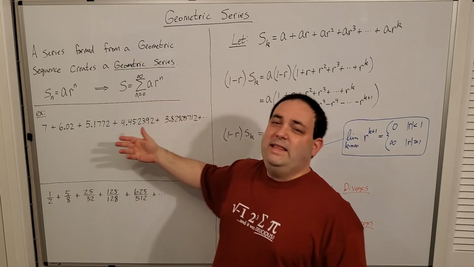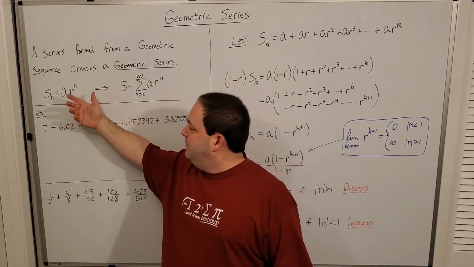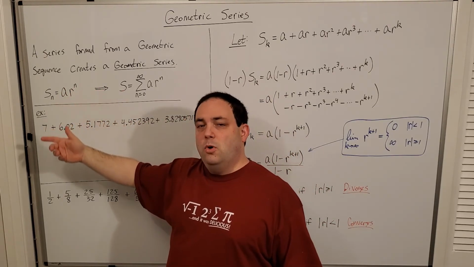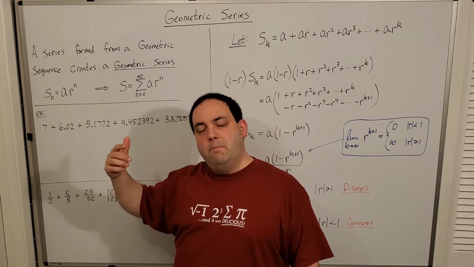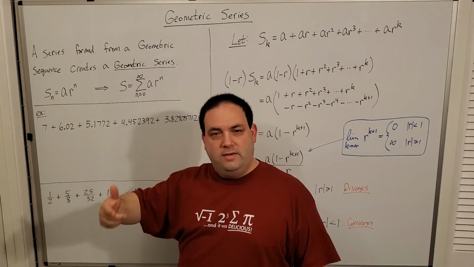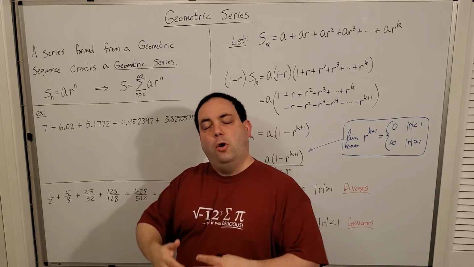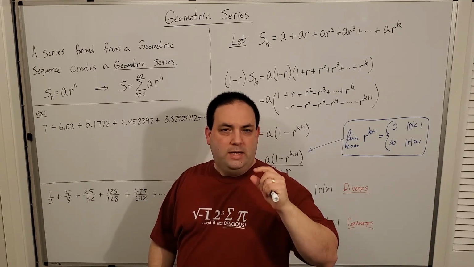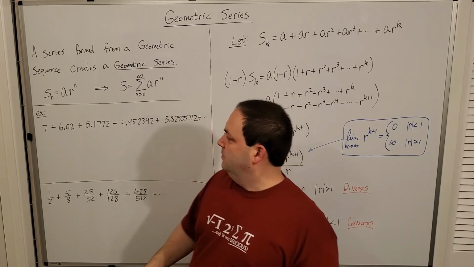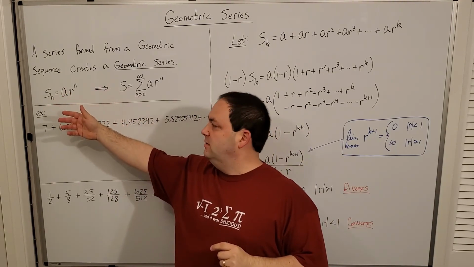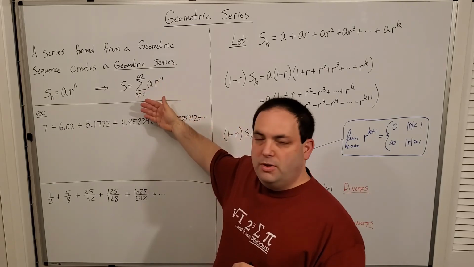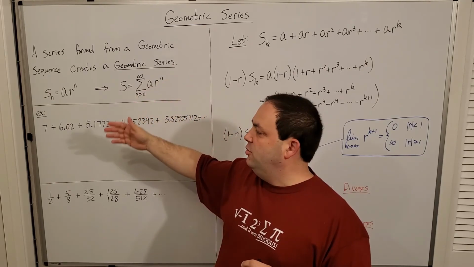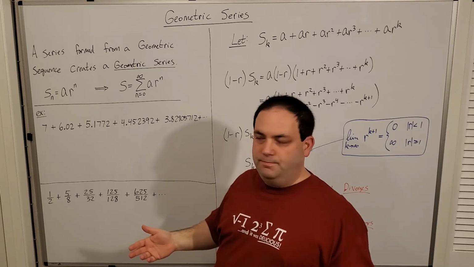If I have a geometric sequence, in other words, something that is formed by multiplying a constant rate over and over again, or another way of looking at it is there's a constant ratio between any two given terms, that's a geometric sequence. If you start to sum up those terms, then you get a geometric series.